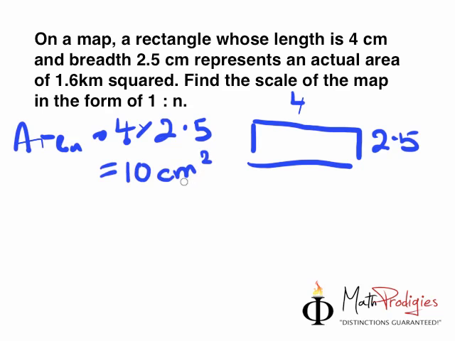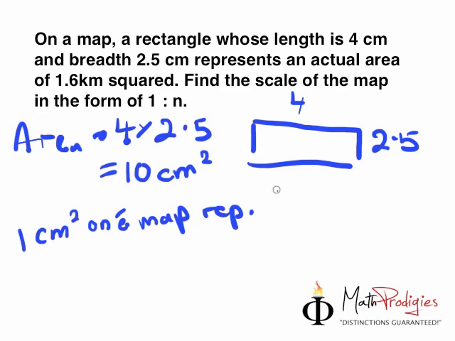Now, 10 cm squared in the map is actually equivalent to 1.6 kilometer squared. So how do you find 1 cm squared on the map represents what? So all you have to do is just take 1.6 kilometer squared, yeah? So the working should be 1 cm squared on the map represents, okay?